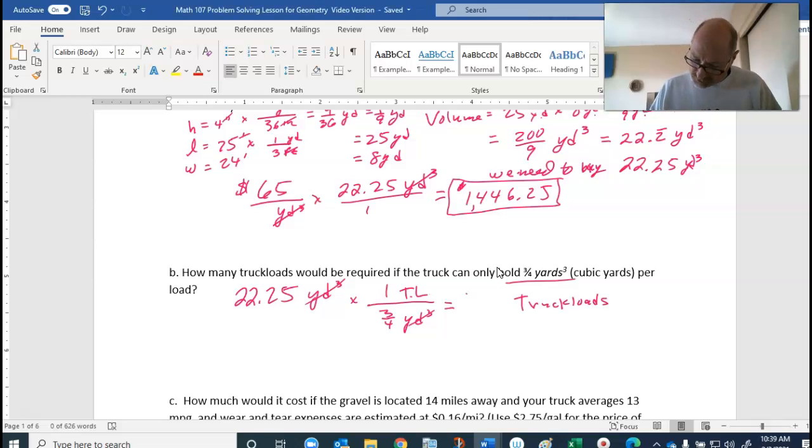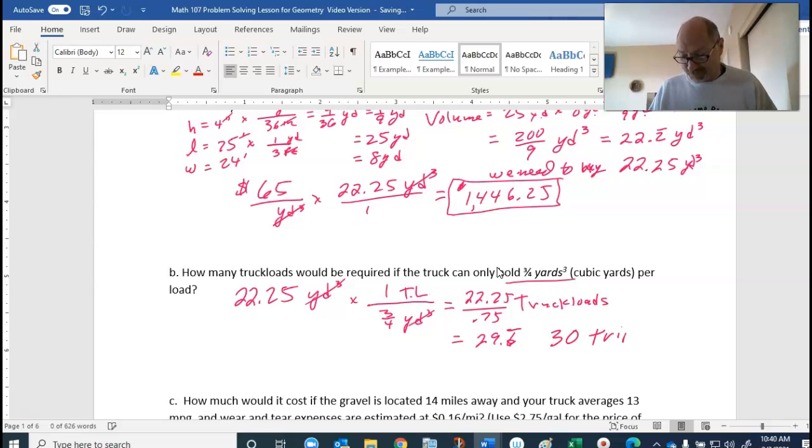That gives me 29.6 repeating truckloads. Now you can't go part way. Either you're going to get a whole truckload or not. You don't have to fill up the truck all the way, which you won't need to. You'll have to take 30 trips.